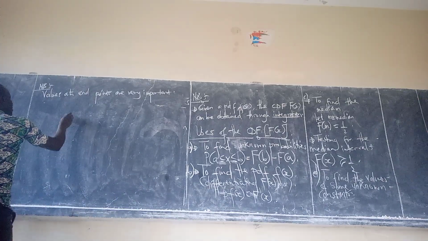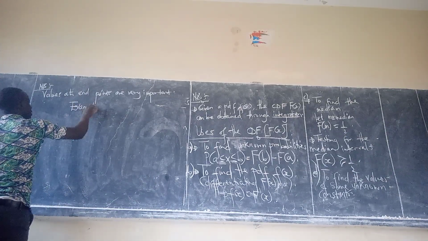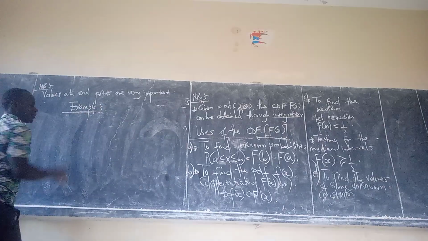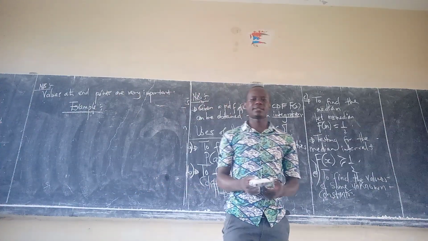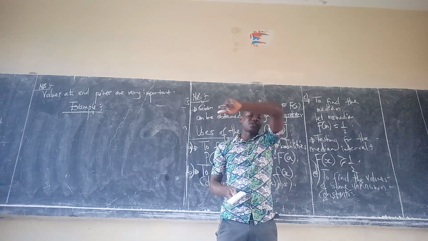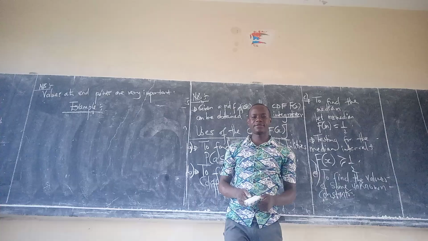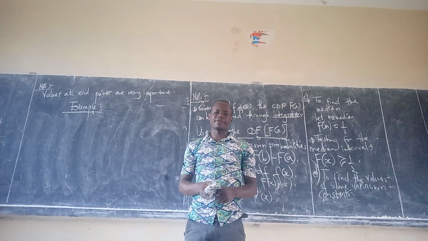So in our example, like we said, we are going to move from the PDF first and get the CDF. Then we shall later move from the CDF and get the PDF.